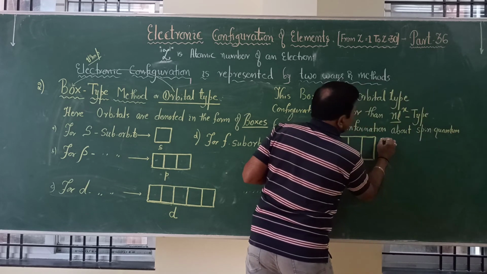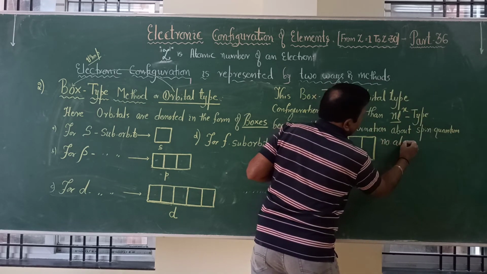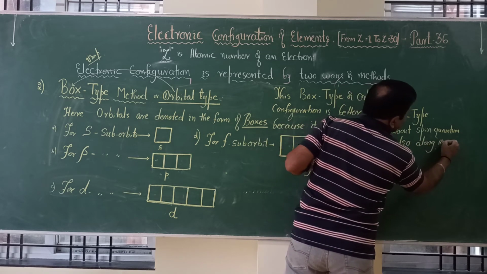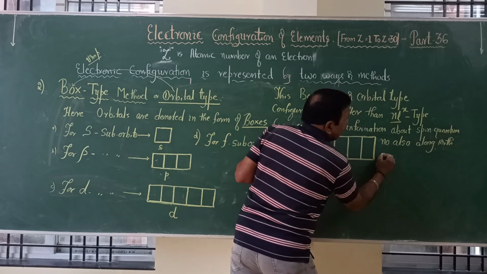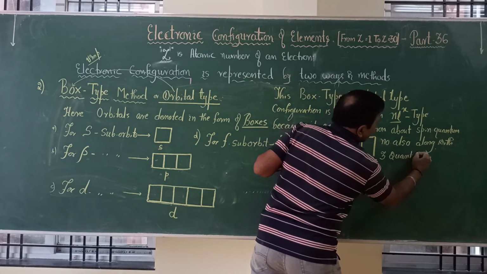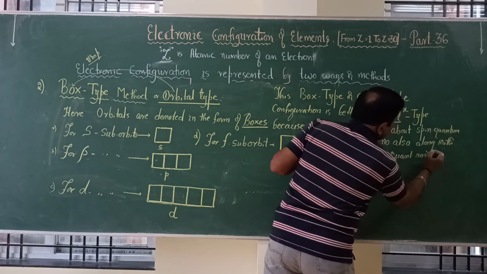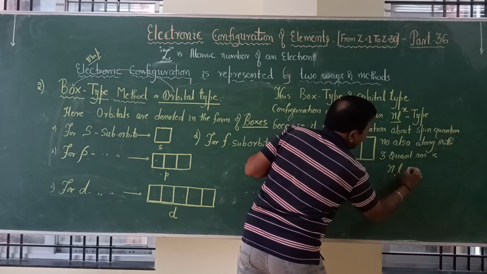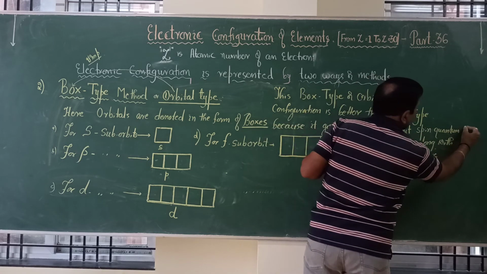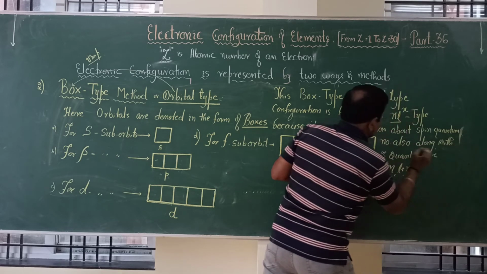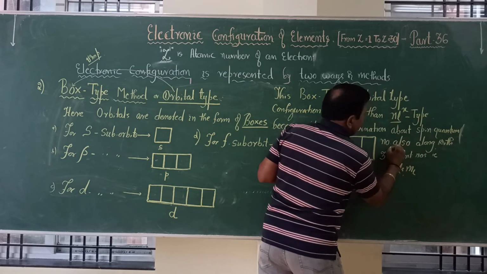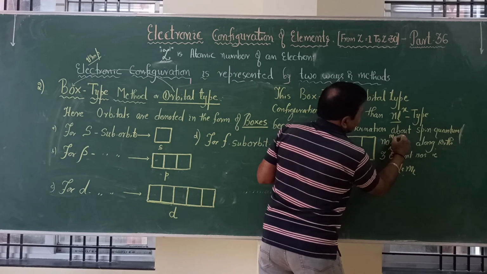It gives the spin quantum number also, along with the 3 quantum numbers, that is n, l and m. The spin quantum number, that is your ms or s.